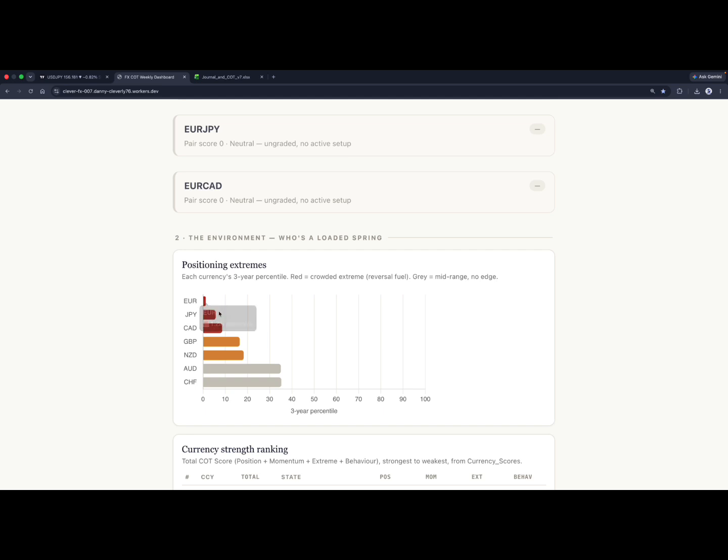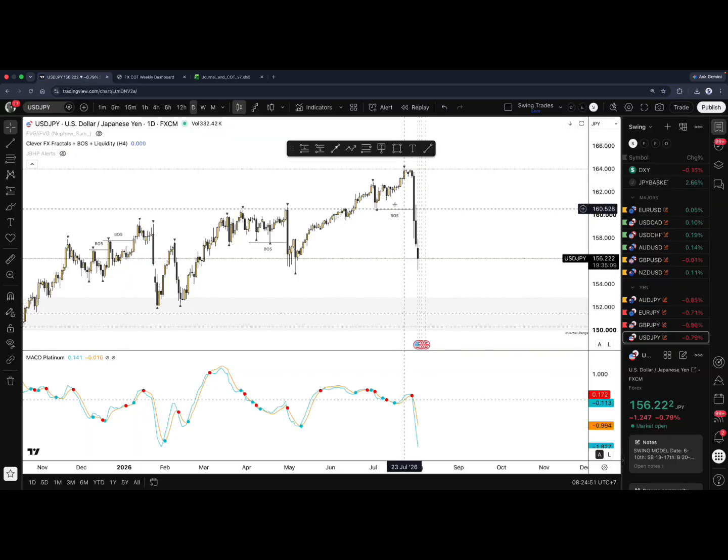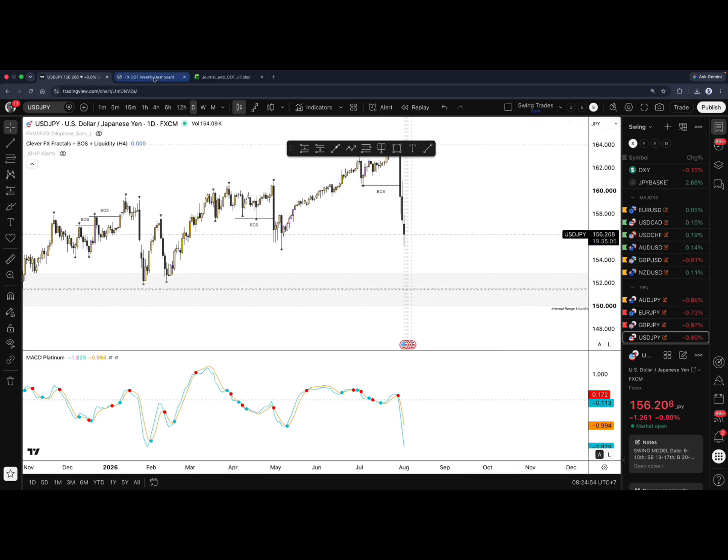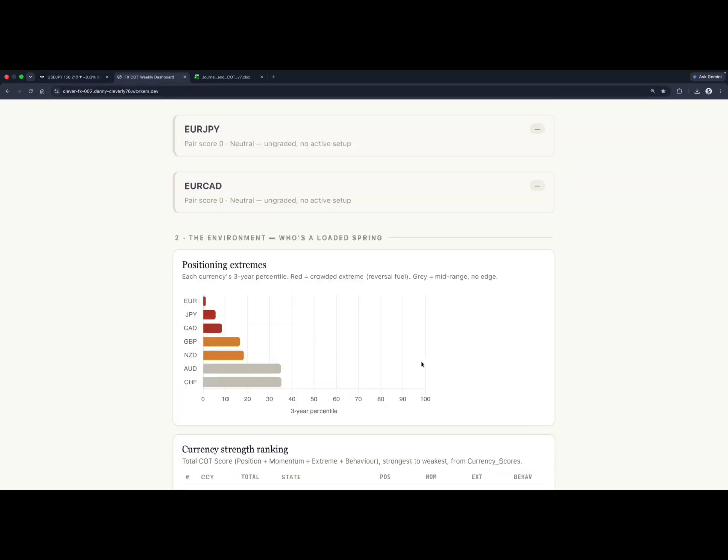And then what usually happens with this, it's reversal fuel. So we had last week the Japanese yen. Currently it's 5.7 this week, but last week I think it was less than that, around about 4, sitting at the 4th percentile level. And we've just seen that, well, reverse hard. So yeah, so these are handy.